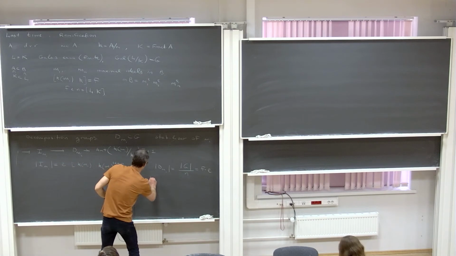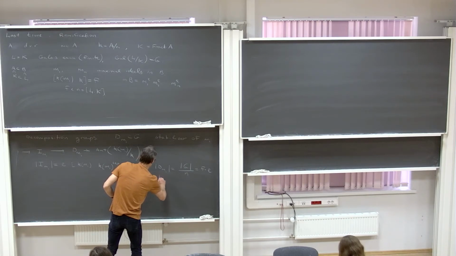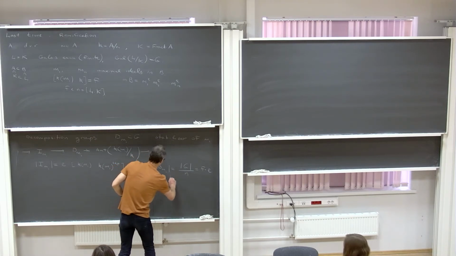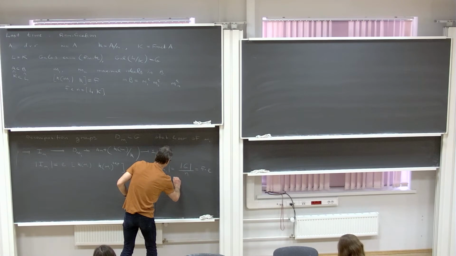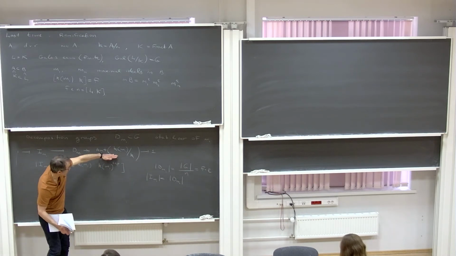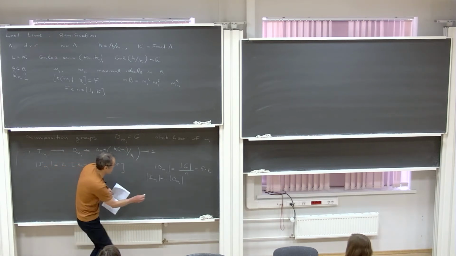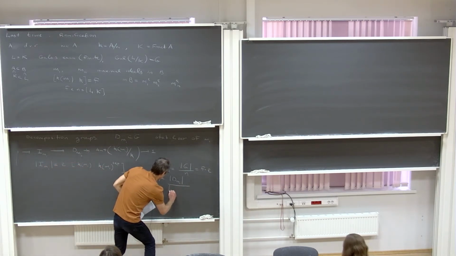So the order of the inertia group is then equal to the order of D divided by the order of this group. This is a normal extension, but it need not be separable. So it's divided by the separable degree.